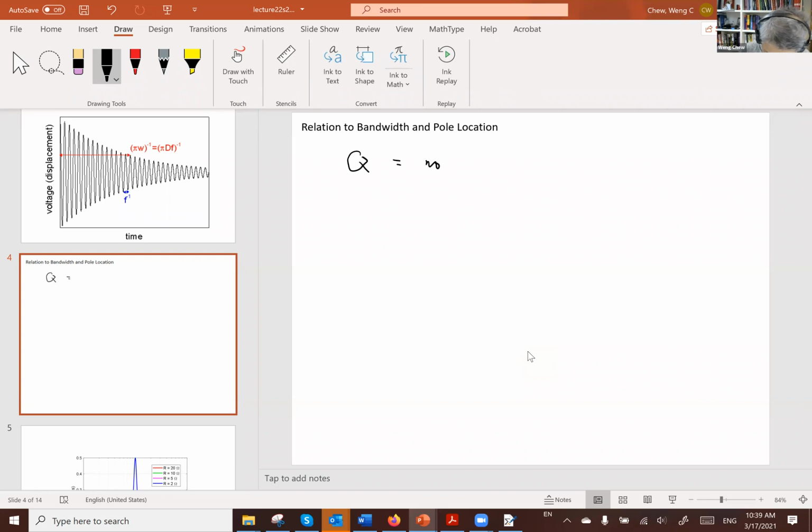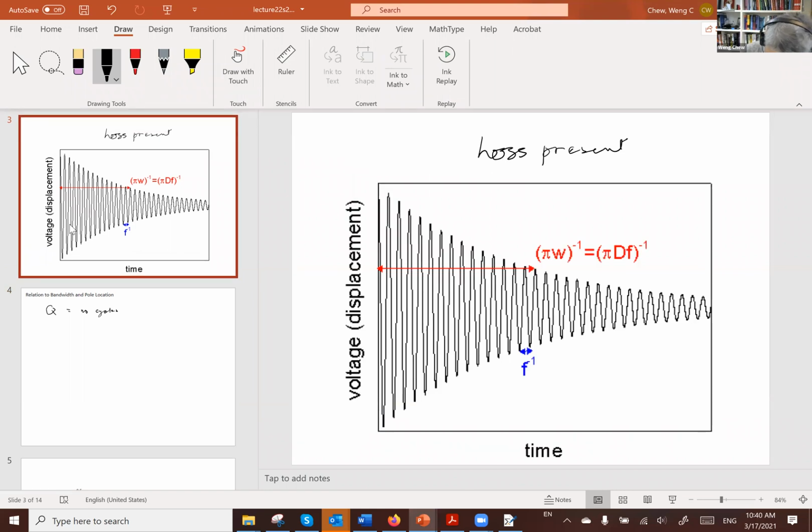And so the way to define a Q is that Q is the number of cycles. Say if I look at this picture, when the loss is present, if you start out with the value of 1, then after a certain time, it will decay to e to the minus 1 when t equals tau.